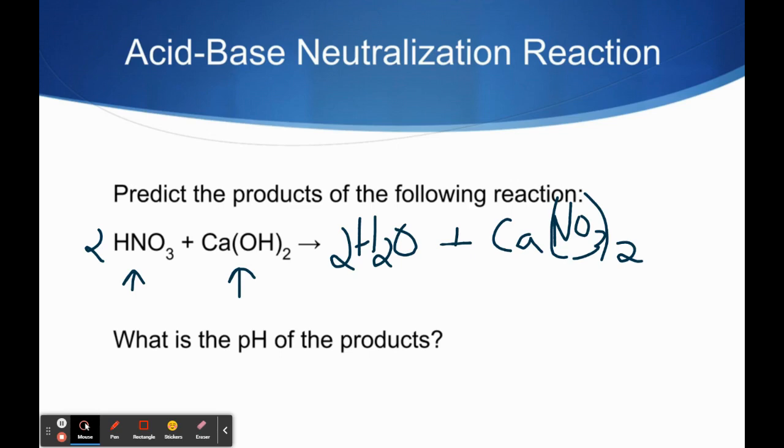Water should have a pH of exactly 7, and calcium nitrate also should have a pH of 7. It should also be a neutral product. So the pH of our products should be 7. They should be neutral. That's why an acid-base reaction is called a neutralization reaction.